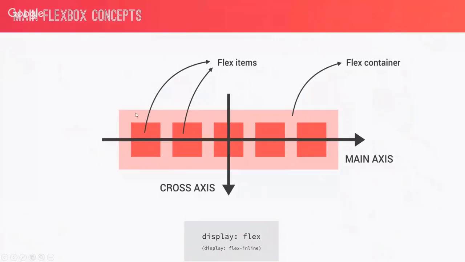Okay, first we'll identify the flex container, which is this pink colored rectangle here on the page. And the flex container is the place where flex items, these red boxes, are being housed.